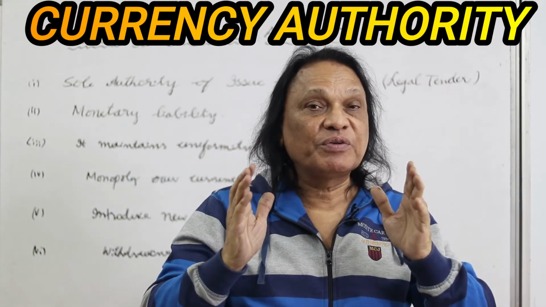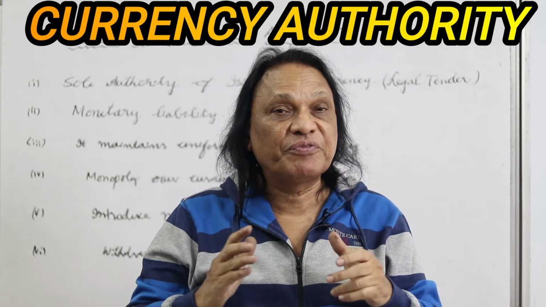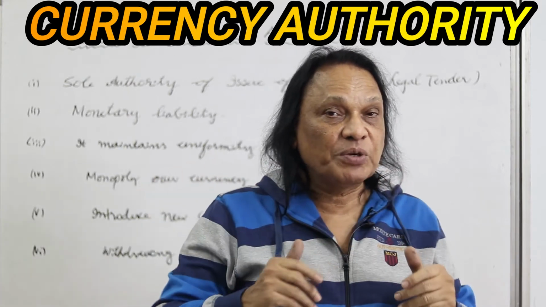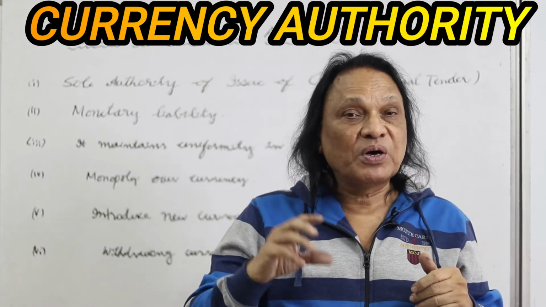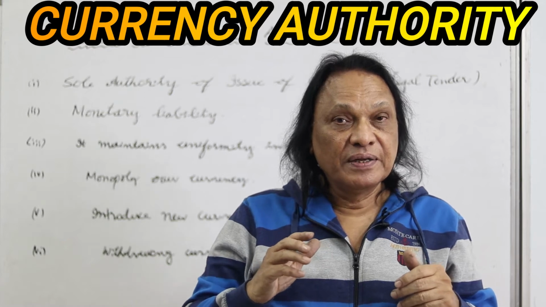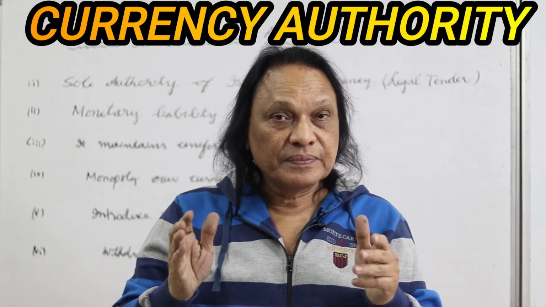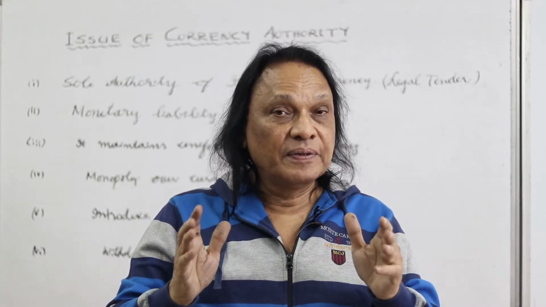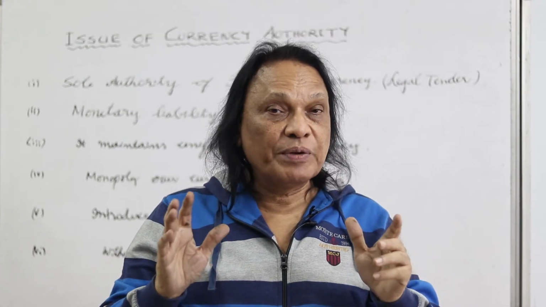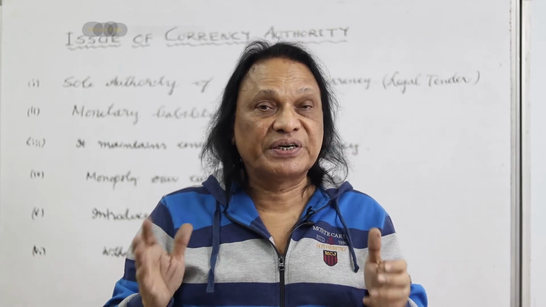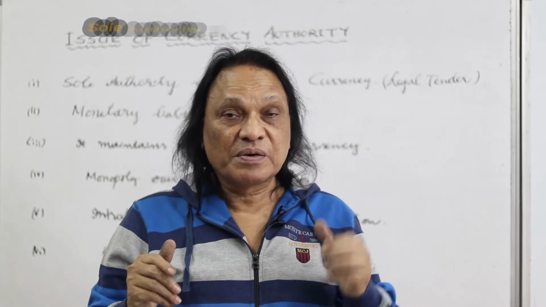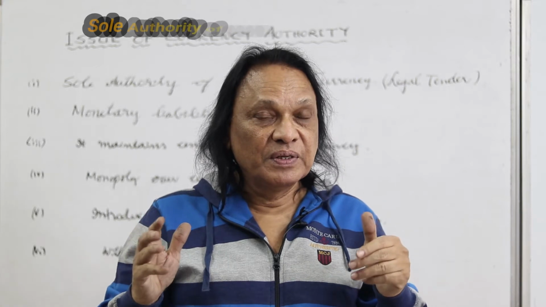we discussed when we were differentiating between central bank and the commercial bank. The most important difference between the central bank and the commercial banks is that central bank is the only bank in the country that issues currency. Commercial banks don't have that power.